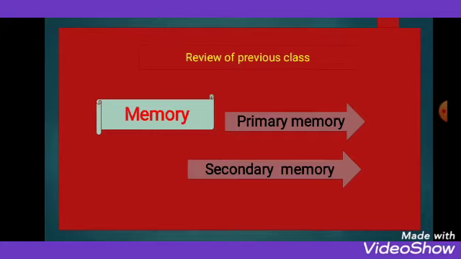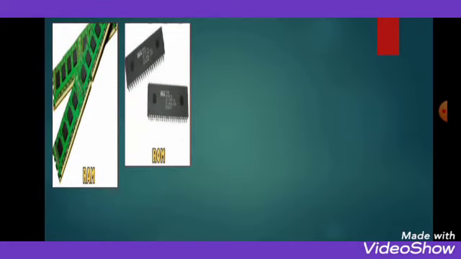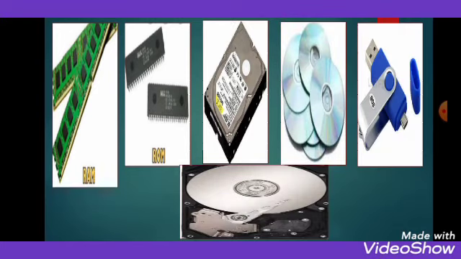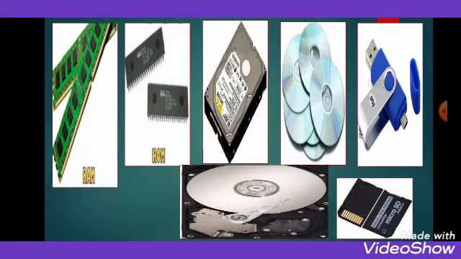And for secondary memory I have shown you examples like hard disks, CD, pen drive, and another format of hard disk. These are the pictures of primary memory and secondary memory. Here you see the RAM and ROM also, students.